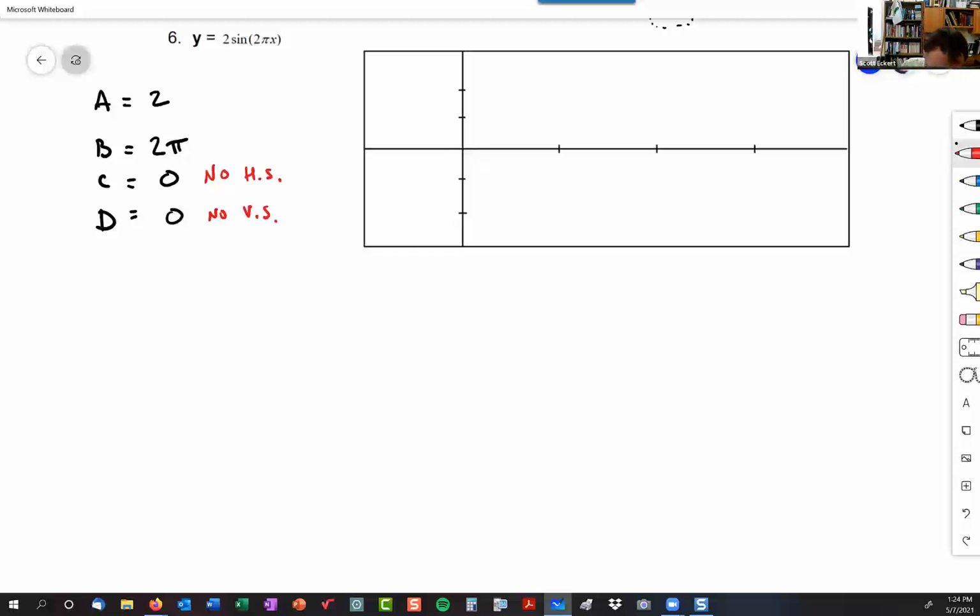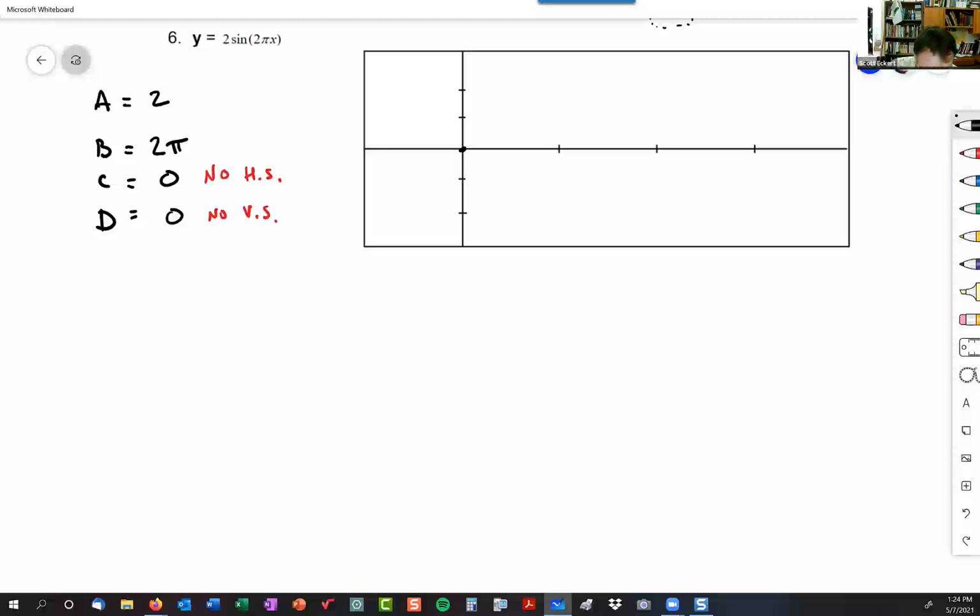So that's nice because that means I can start on the origin as my box building position. So I don't have to shift horizontally. I don't have to shift vertically. I can keep myself on the origin to get things started.